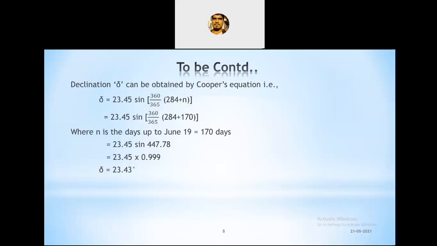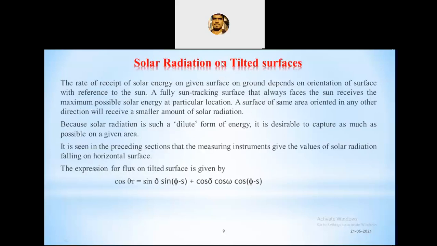So on June 19th the declination angle is 23.45 degree. Clear? Like this you have to find the local time as well as the declination with the given data. In the next class we'll discuss solar radiation on tilted surfaces.